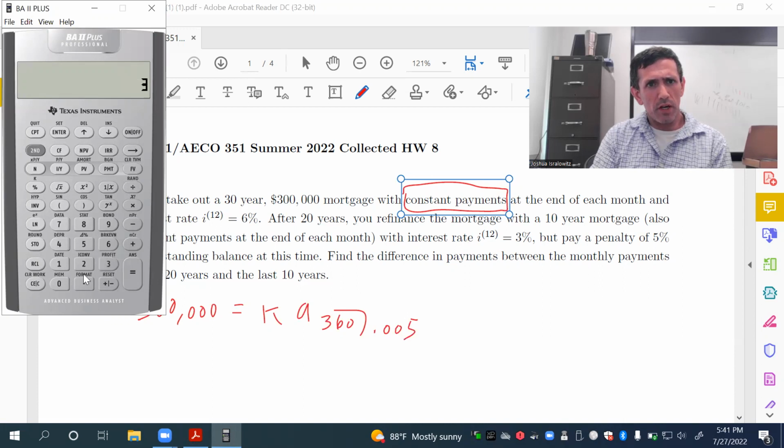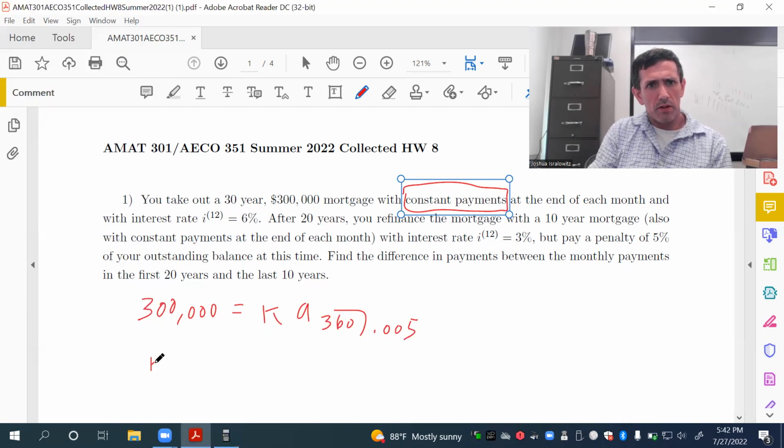So clear TVM, 300,000 present value, 0.5% interest, 360 N, compute payment. And we get K is 1,798.65.